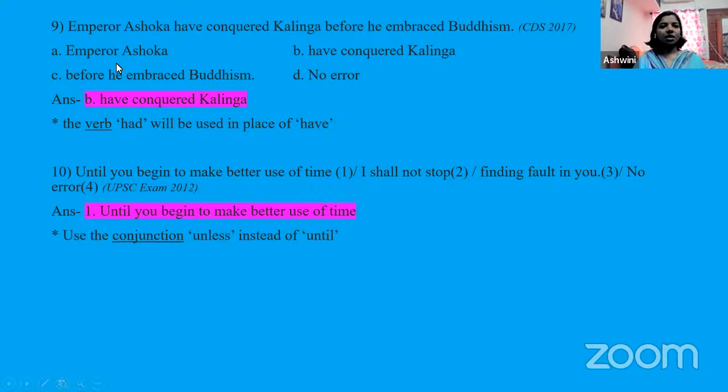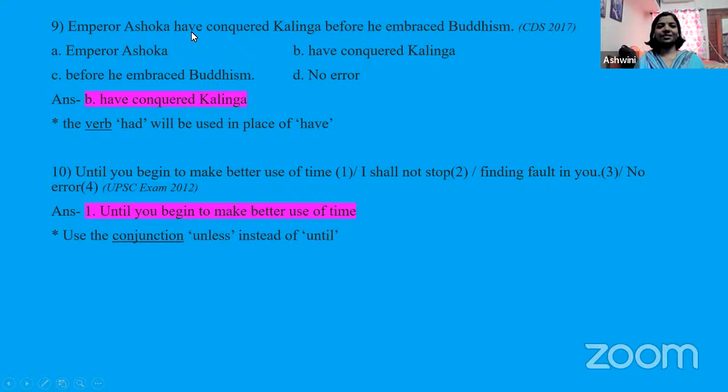Here again, we have to find out one particular error. Emperor Ashoka have conquered Kalinga before he embraced Buddhism, and no error. If there is no error, you can choose no error. But yes, it has an error. This was asked in the CTS exam 2017: the verb had.